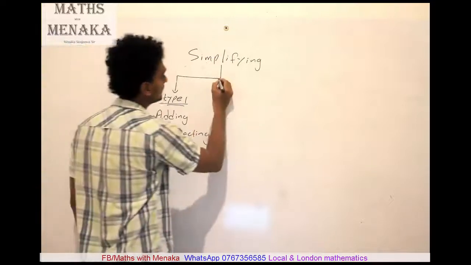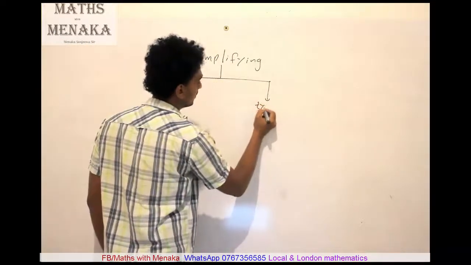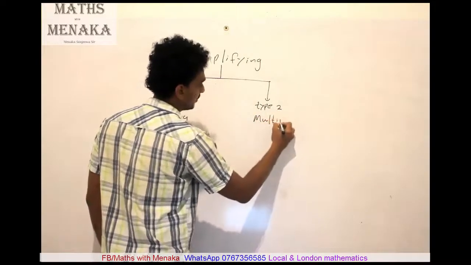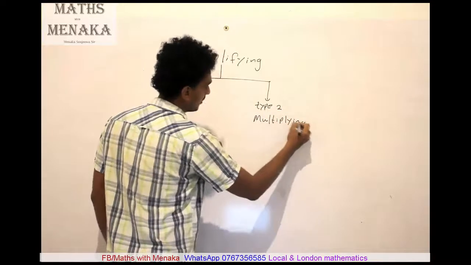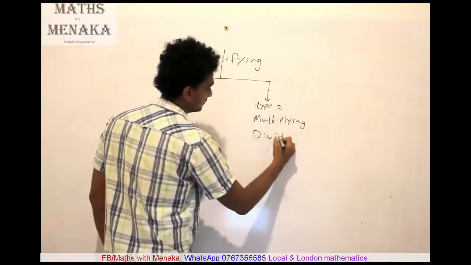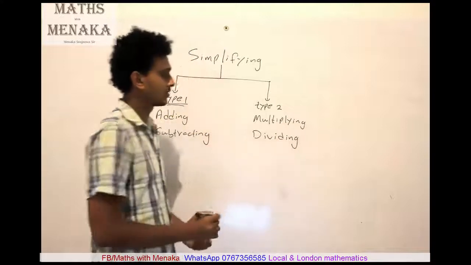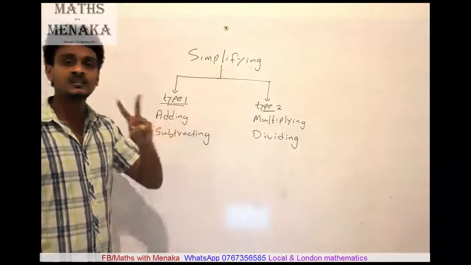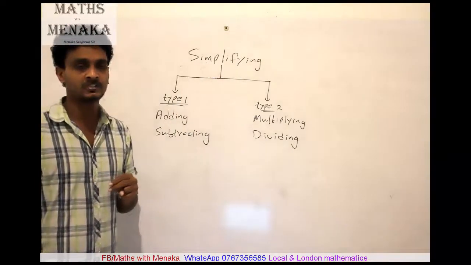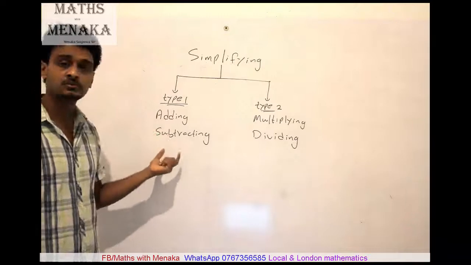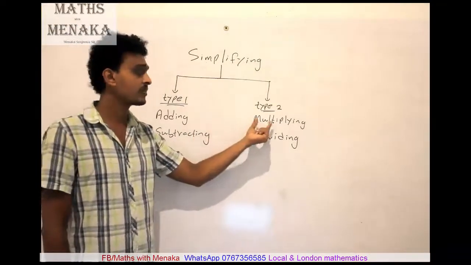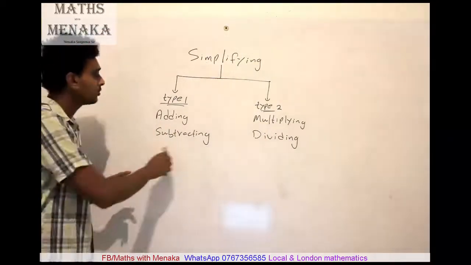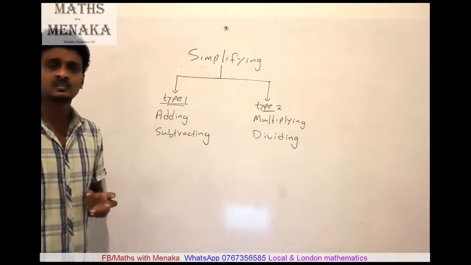The second type is multiplying and dividing. First, we will learn how to add and how to subtract numbers.